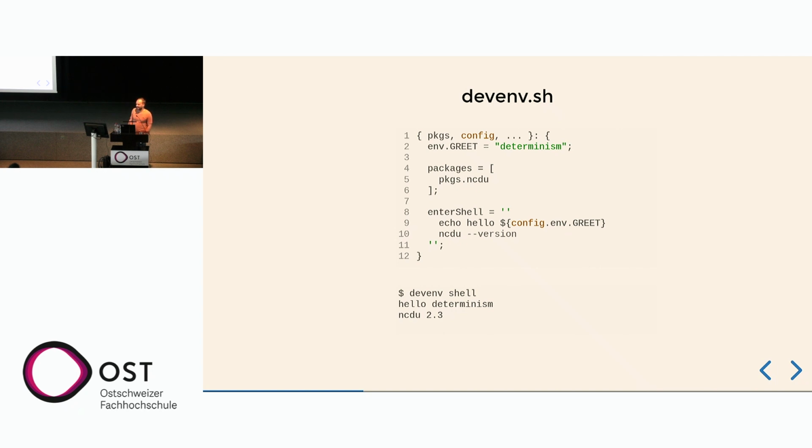Do devenvs compose? Because sometimes you have overrides for broken packages upstream, and you might have them in different repositories. Mm-hmm. You can do this with flakes. There is also devenv.yml, which is the configuration bit, and in that file you can import different devenv files and glue them together.